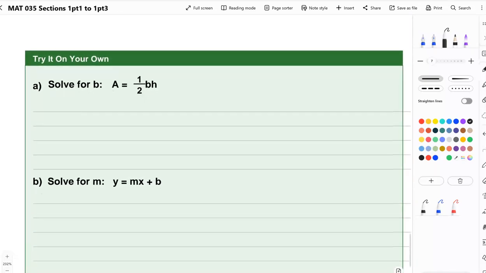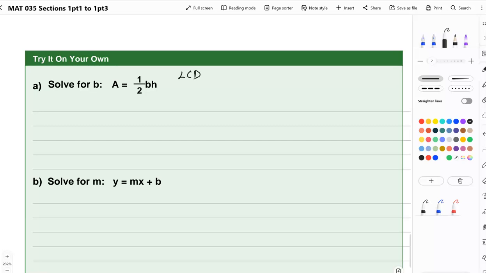Let's look at a few more examples, and this is where you may want to try it, pause the video, come back and check your answer. The first one, we have area equals 1/2 b times h. That's the equation for the area of a triangle. We want to get b by itself. So let's start with finding the least common denominator.